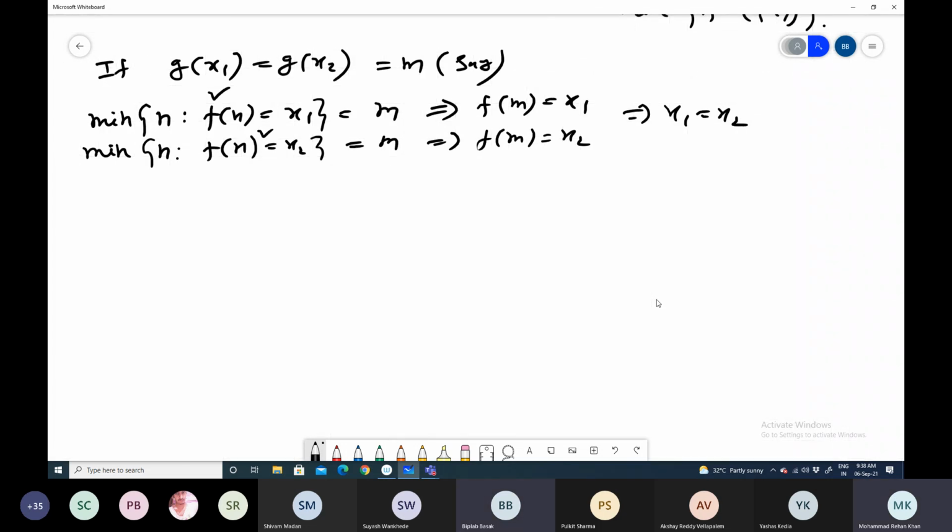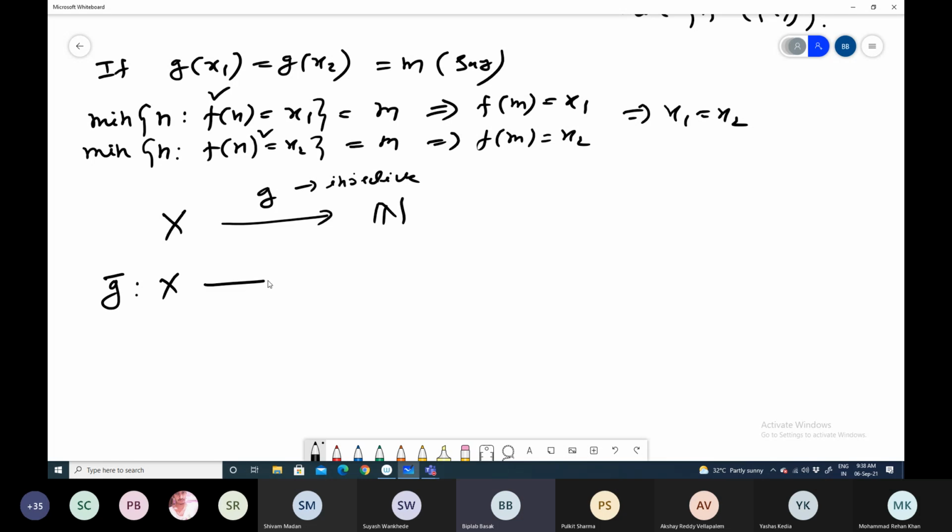Now we have this situation, X to N, with the map G, and it is injective. Now we define a new map G bar from X to G(X), which is a subset of N, defined as G bar of x equals just g of x.